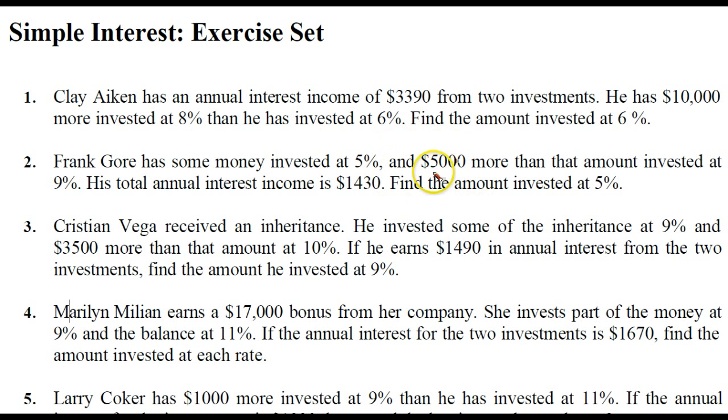And the answer is no. So we know there were two amounts. So one amount will be X, which is the unknown amount, and the other amount is going to be that amount and 5,000 more. So the other amount is going to be X plus 5,000.